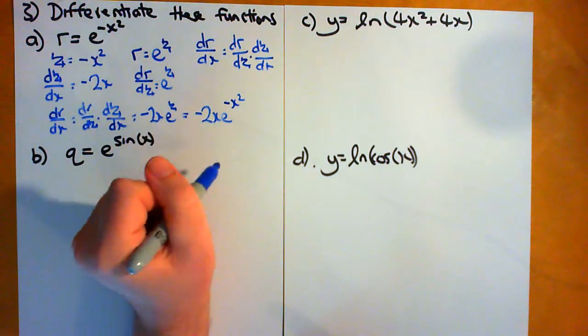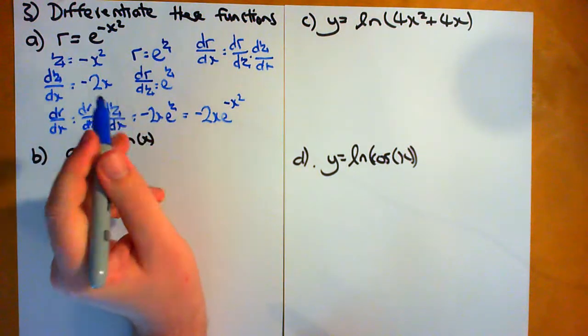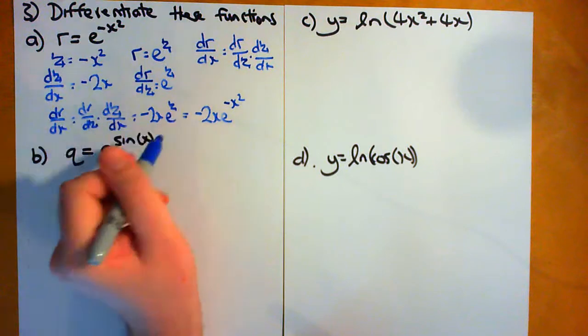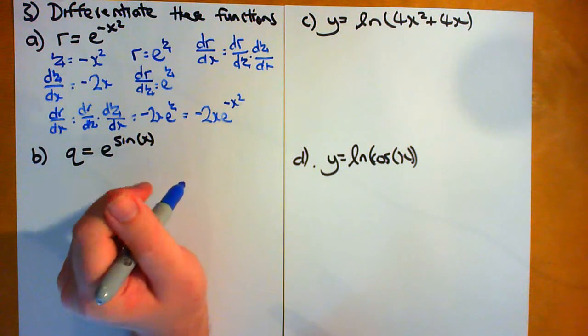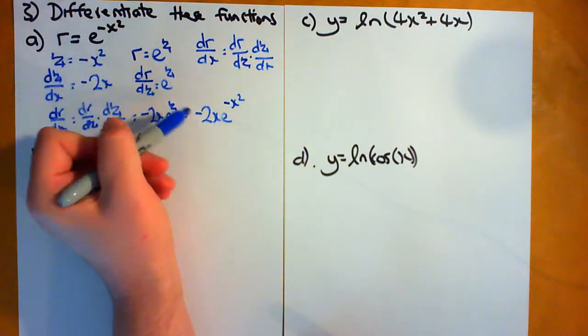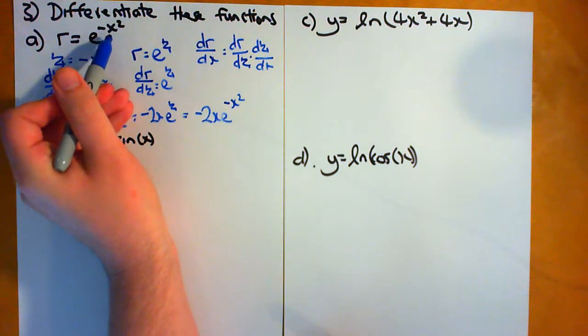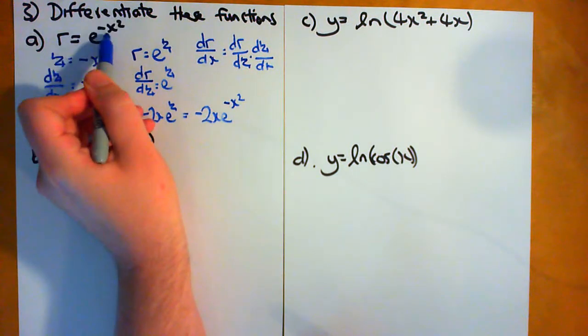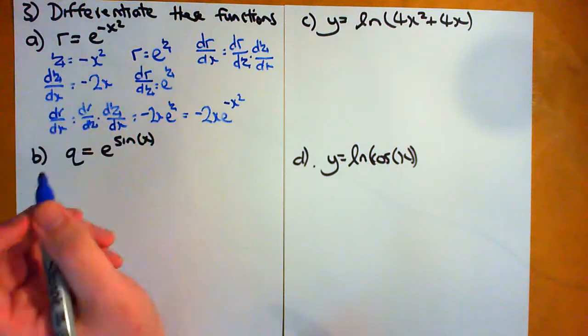So we can see a rule for differentiating an exponential function coming to the fore from this question. With an exponential, the power stays the same, but we multiply by the derivative of the power, which was negative 2x.